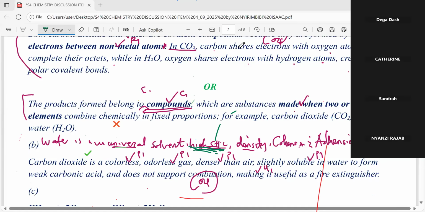And you know very well that covalent compounds do not conduct electricity, but sometimes water can be electrolyzed to produce hydrogen ions which are positively charged and hydroxyl ions which are negatively charged. So you see, water has some few exceptions compared to other covalent compounds.